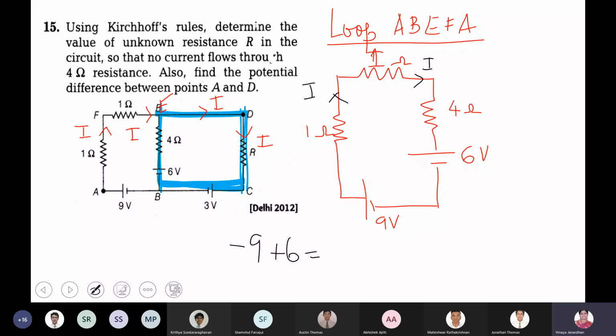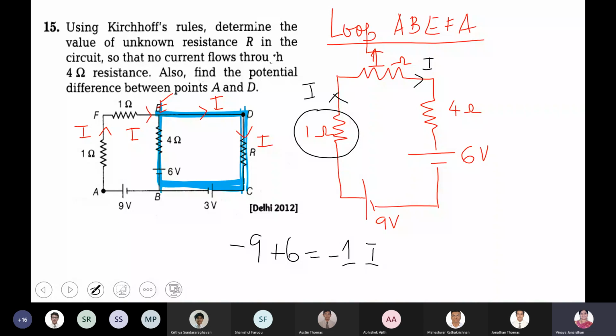And now we'll go for the voltage across the resistor. In which direction is the current I flowing through the circuit? Clockwise or anti-clockwise? Clockwise. So the voltage across 1 ohm resistor is 1 into I, negative.